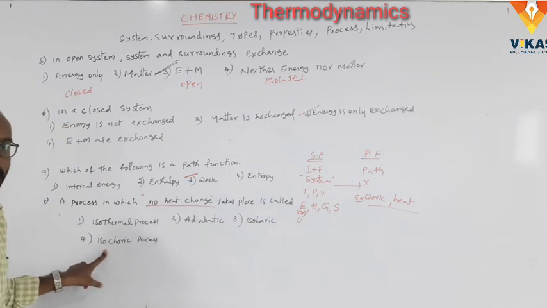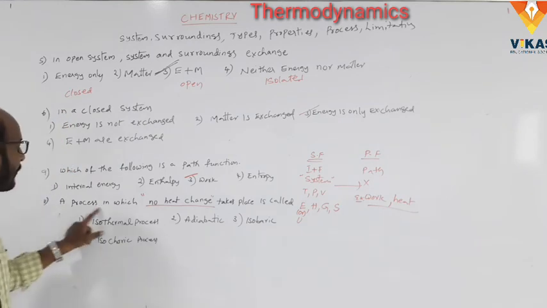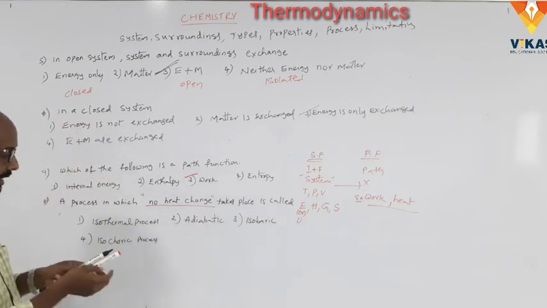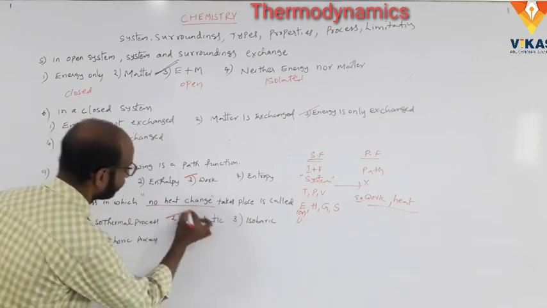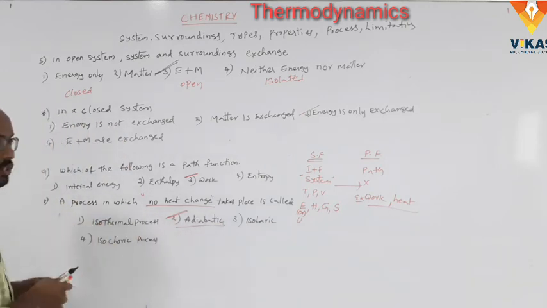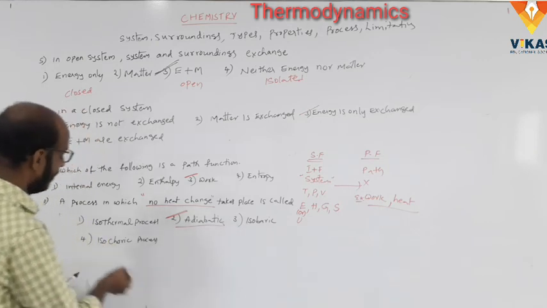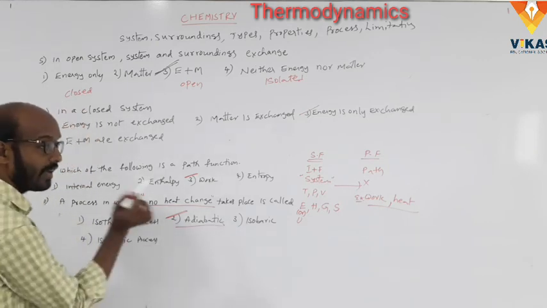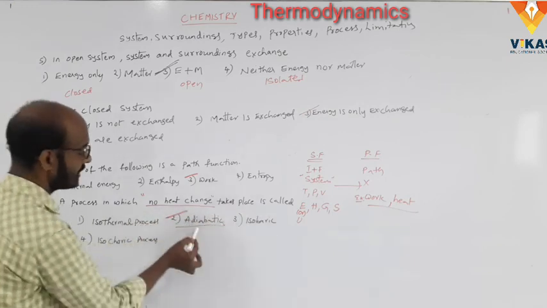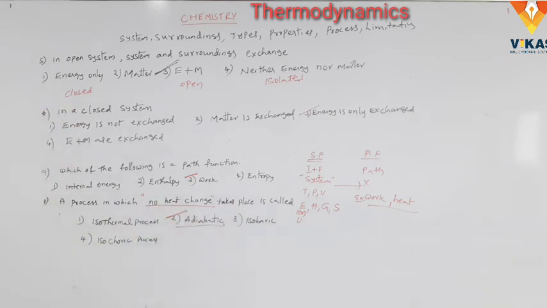Isochoric: volume is constant. So the answer is the adiabatic process. In isothermal there is no change of temperature, isobaric is pressure and isochoric is volume, and the remaining one is the answer, the adiabatic process.